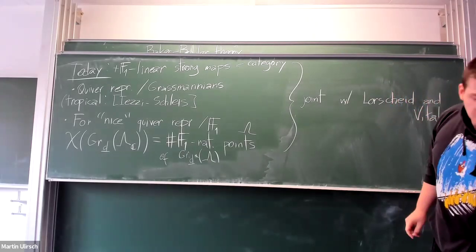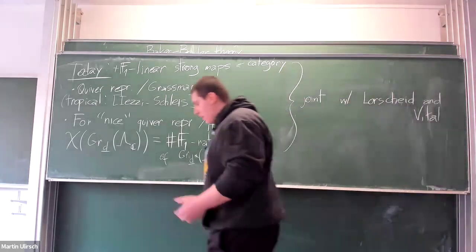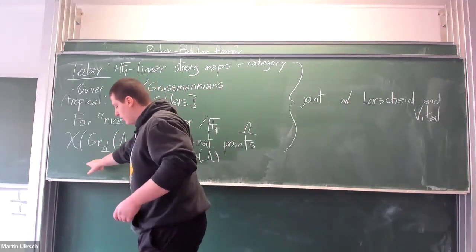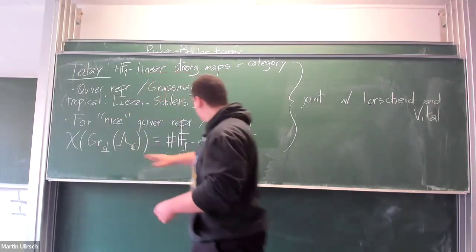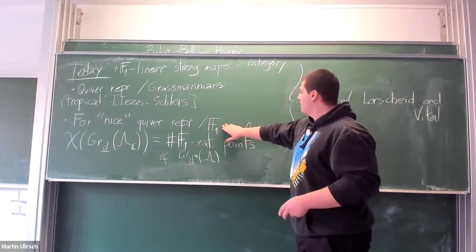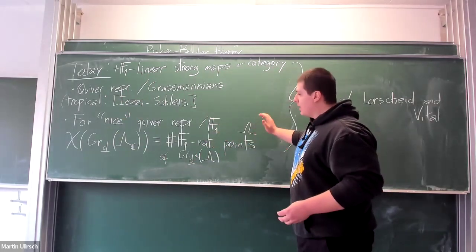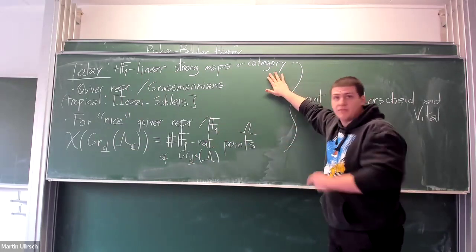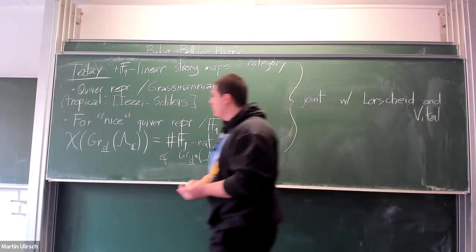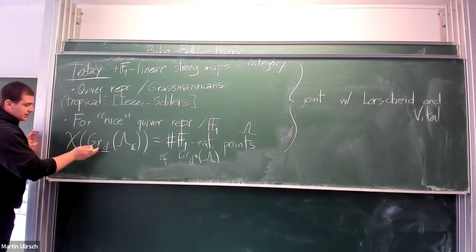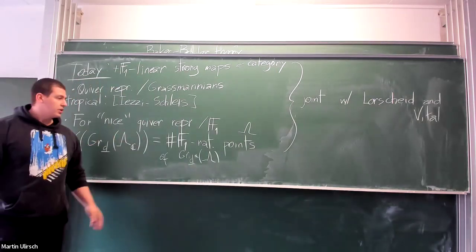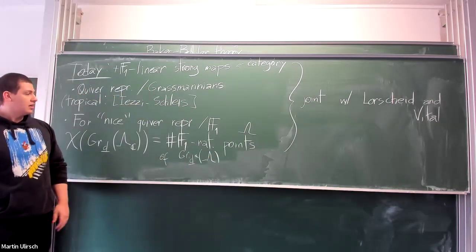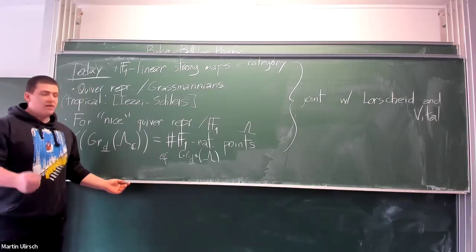As an application of this construction, we can recover the Euler characteristic of this complex variety. Given an F1 representation of a quiver, we have a natural extension of this representation to a representation over C, of C vector spaces, and we recover the Euler characteristic of this complex variety as the F1 rational points of this quiver Grassmannian, in a precise sense of F1 rational points.